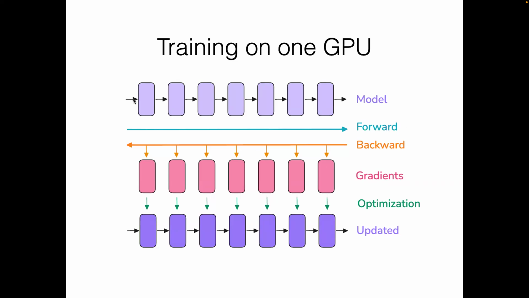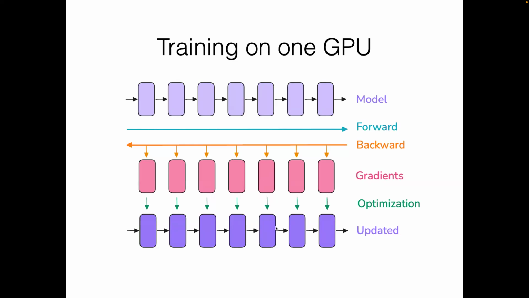The forward pass is performing the computation in the layers, and then your backward pass computes the gradients. Then we have the optimization step. So this would be applying your algorithm of choice, like Adam, for instance. And then after doing that, you now have some updated parameters or some updated model.